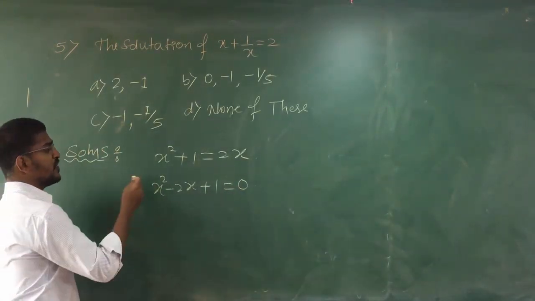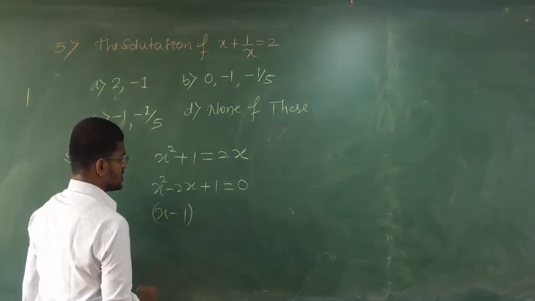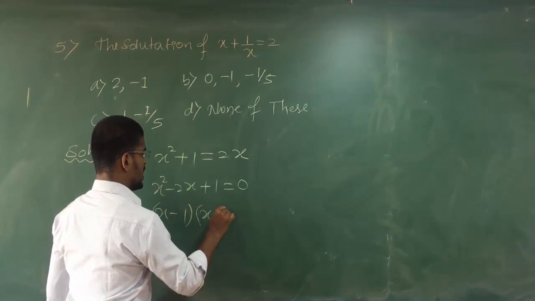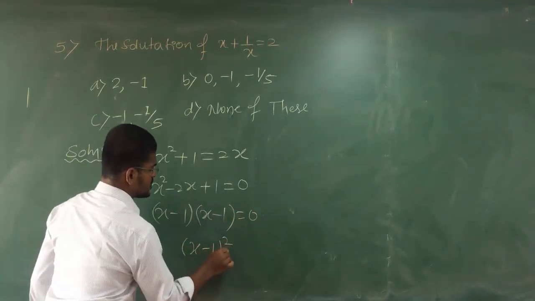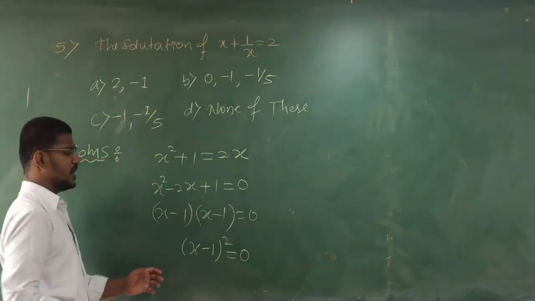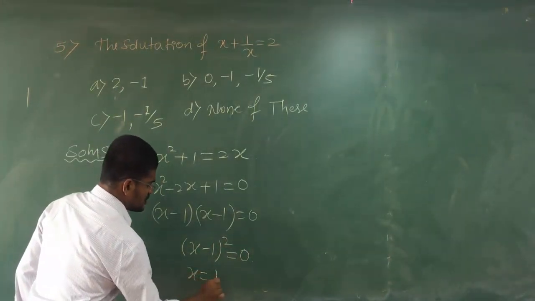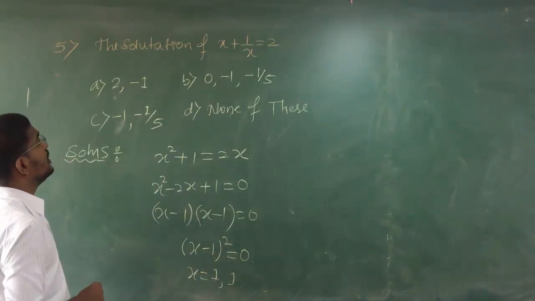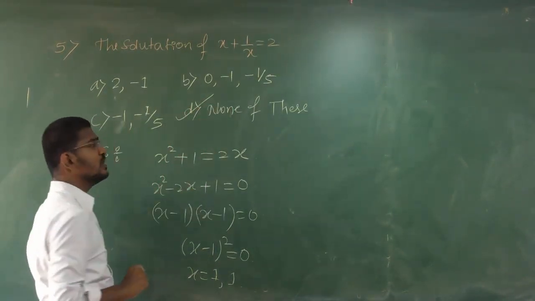If you simplify this, what answers are you going to have? That is x minus 1 and x minus 1 equal to 0. Therefore, sorry, x minus 1 whole square equal to 0. So here x equal to 1 comma 1. So 1 is repeated. So therefore your answer is none of these.